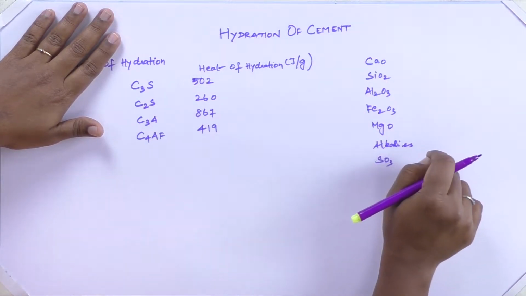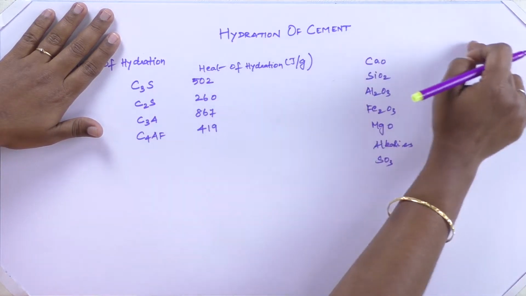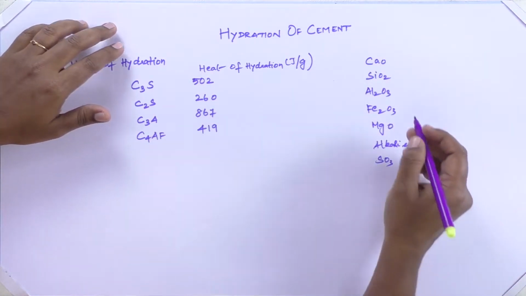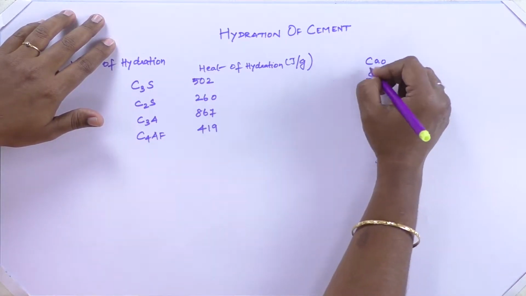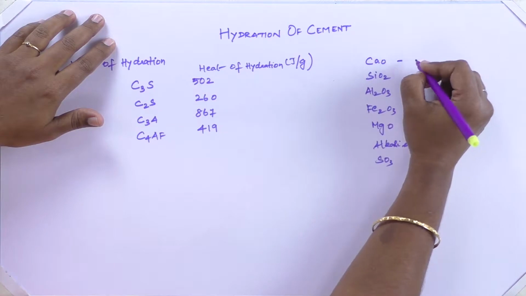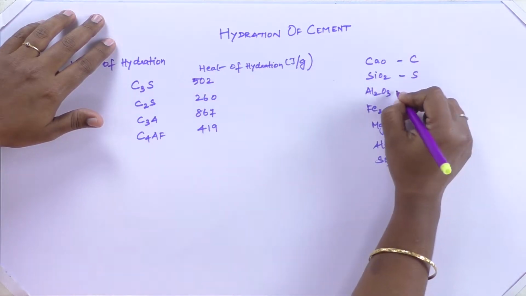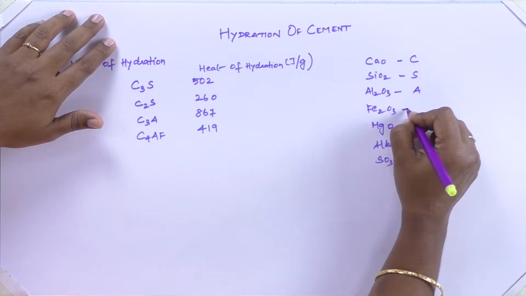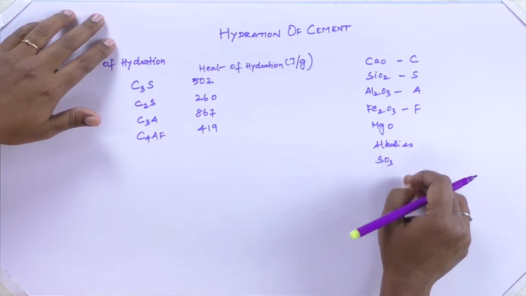For simplicity, we can write CaO in abbreviated form as C, SiO2 as S, Al2O3 as A, Fe2O3 as F. Like this we can write.